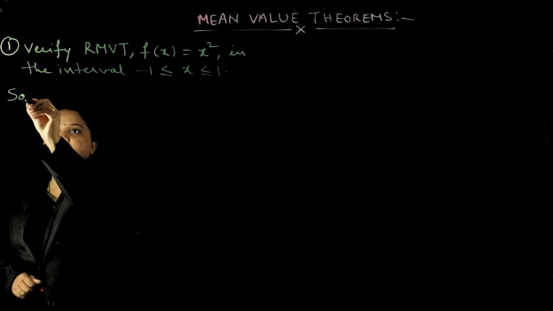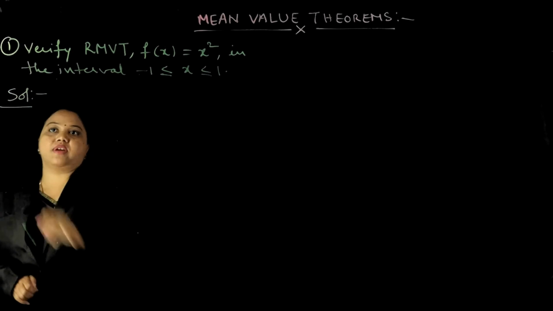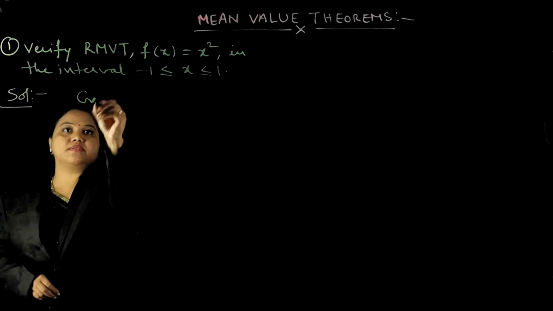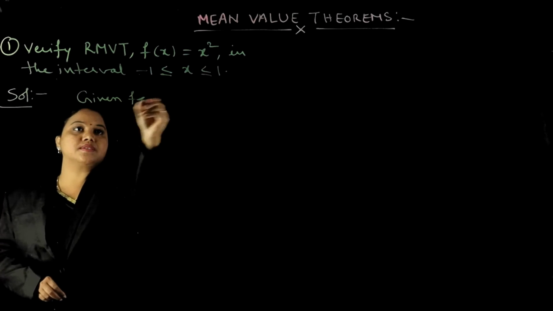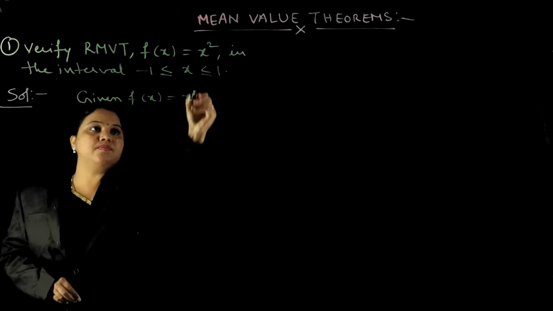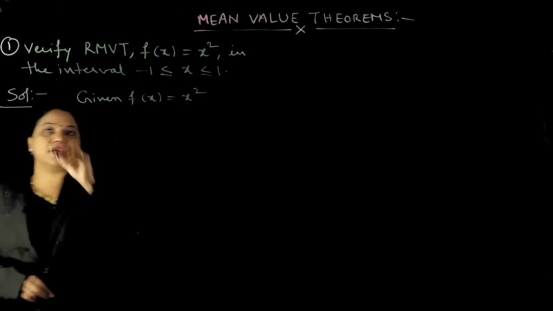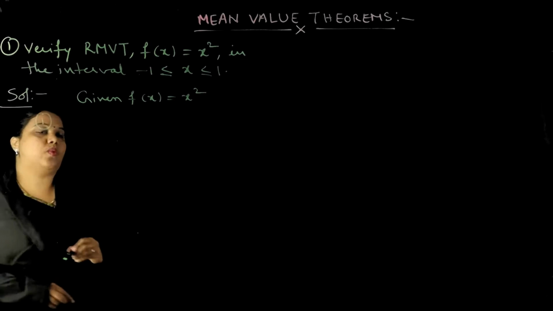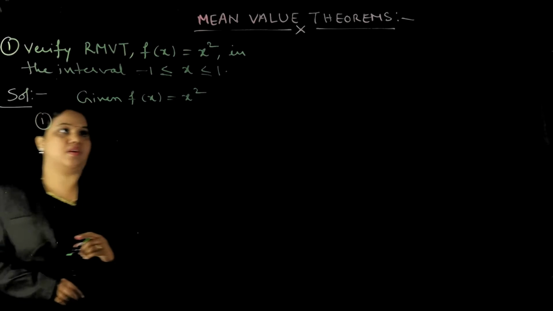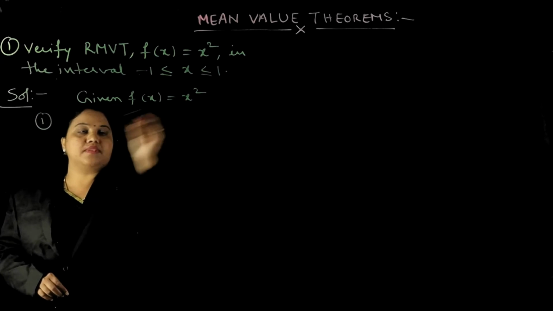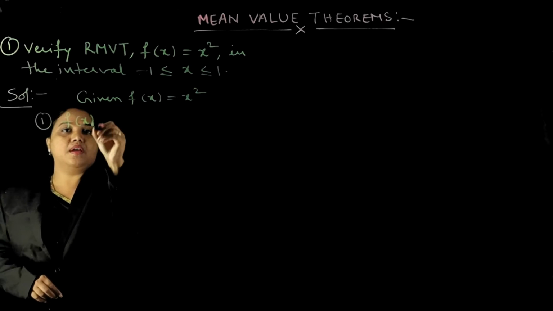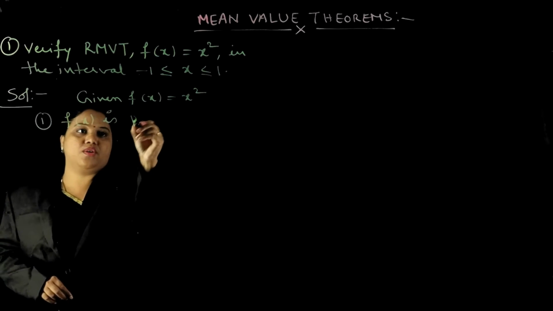Let us start with the solution. What is given? The given function is f of x is equal to x square. The first condition I should verify is whether it is a continuous function or not. So I observe that this function f of x is a polynomial, right?